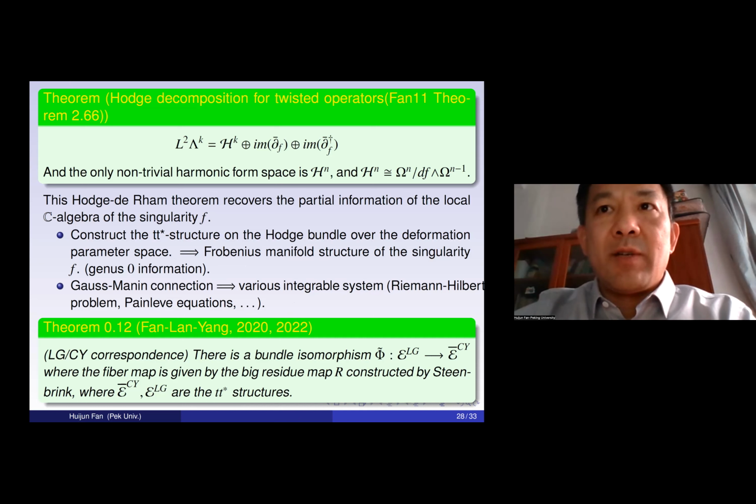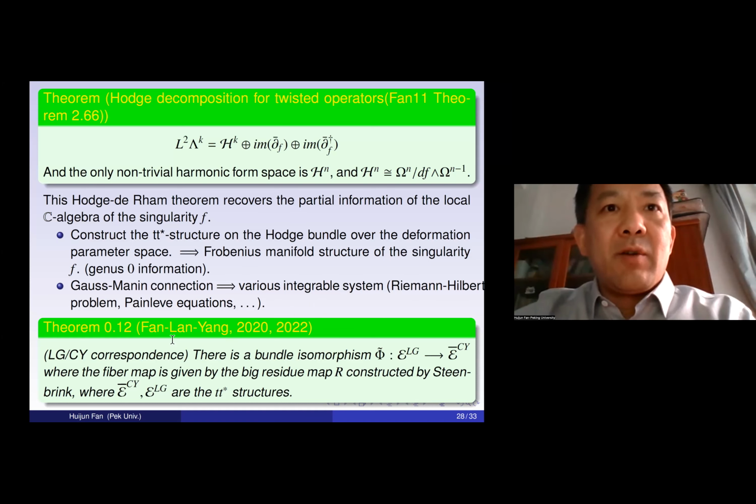It's also related to the Riemann-Hilbert problem and Painlevé equations. The advantage of this story is that you take an LG model, you only need to check the strongly tame condition, then all the conclusions hold automatically. And for this Gauss-Manin connection, you can also solve the fundamental matrix of this equation, which can be written as a period integration or equivalently some oscillating integral.